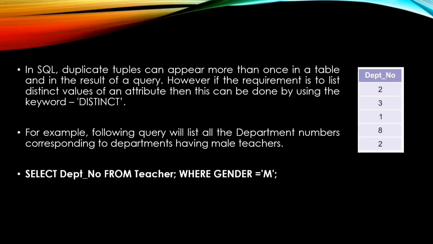Okay, for example, see here, select department number from teacher where gender is equal to M. In this result, 2 is appearing twice, which is not required as the query is to find only the department numbers. Hence, we can use the distinct keyword in the select clause, so that there are no repetitions in the result. That is the use of distinct.